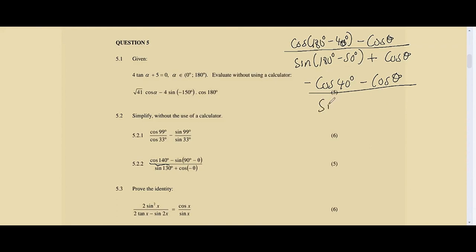It's positive. So it will give us sine 50 degrees plus cos theta. Now here we have a negative, so we can factor out the negative and this will be cos 40 degrees plus cos theta. You understand why it becomes positive, because negative times positive will give you that negative over.